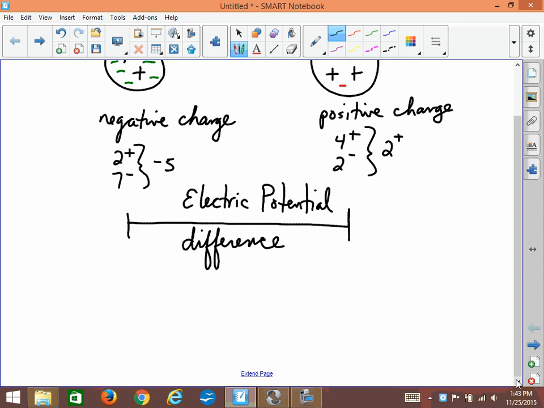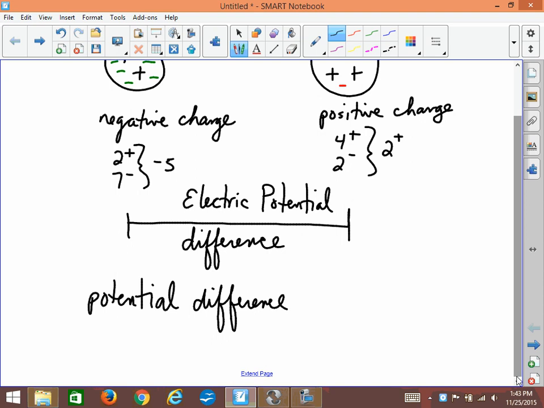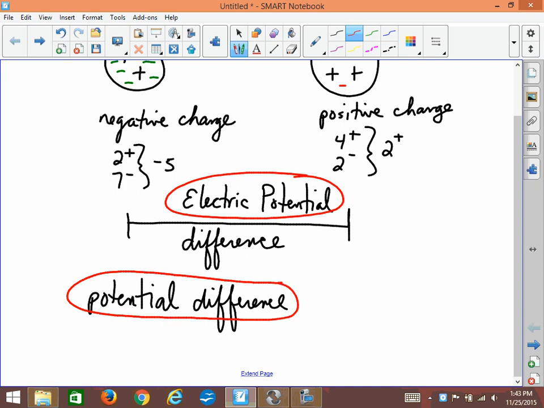Sometimes we call it something else. We have a couple of names for it. We call it potential difference as well. So unfortunately, you have to just get used to all these different ways of describing it. So electric potential is one way, or some people call it potential difference, or it's often referred to as a word that you'll recognize, voltage.